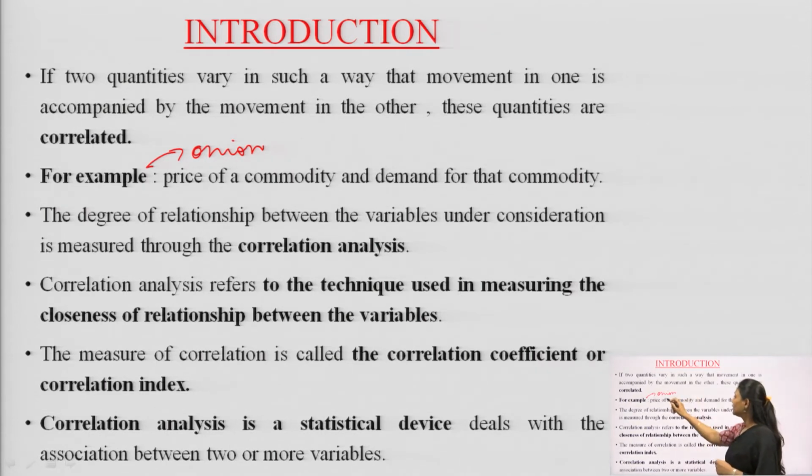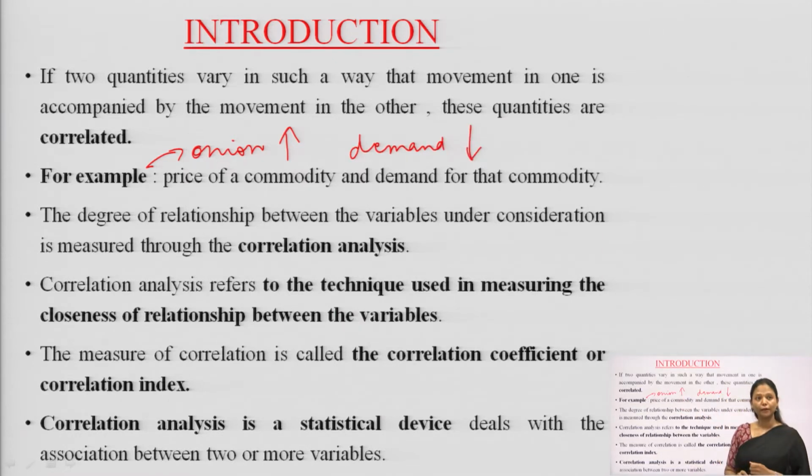For example, if the price of onion is increasing, we will see that the demand of onion is decreasing. Therefore, we can say the demand and the price are correlated when we talk about a commodity like onion.